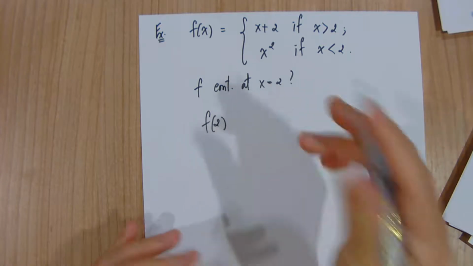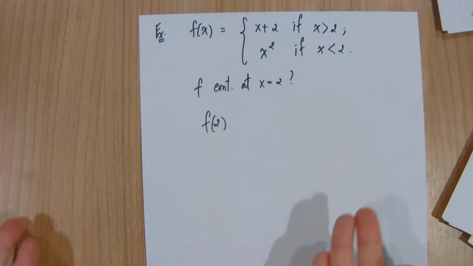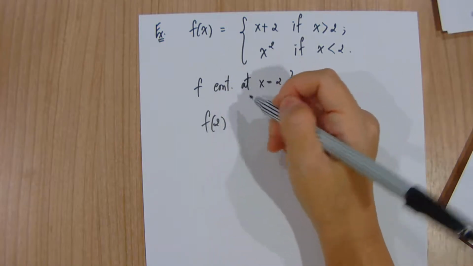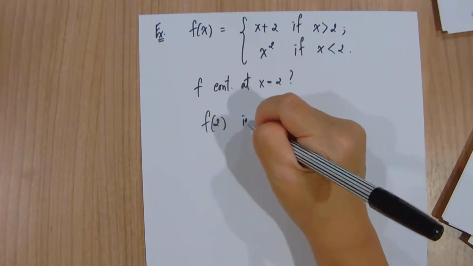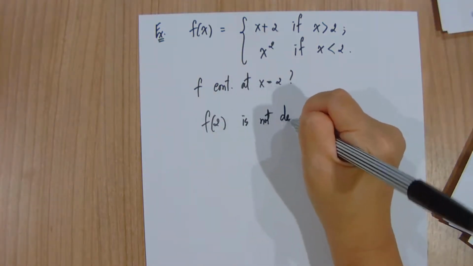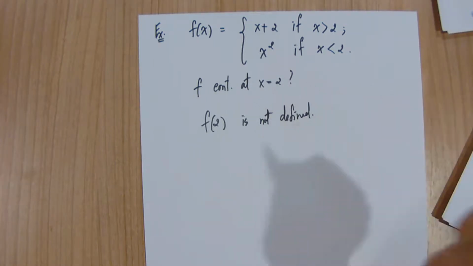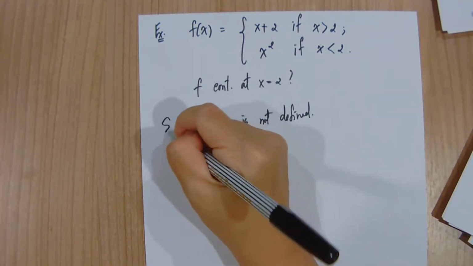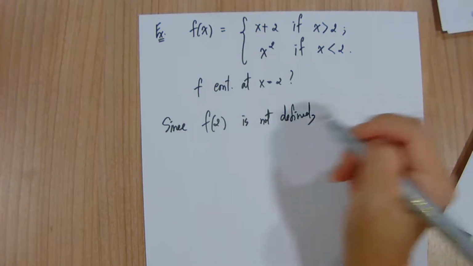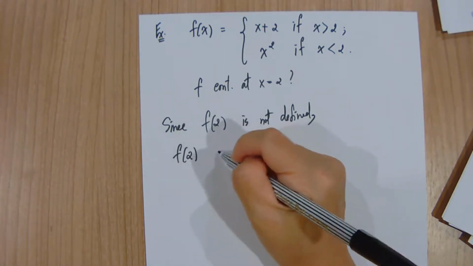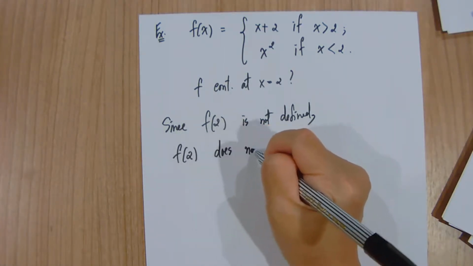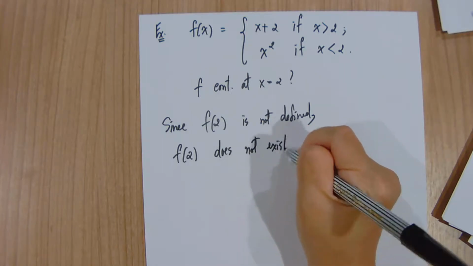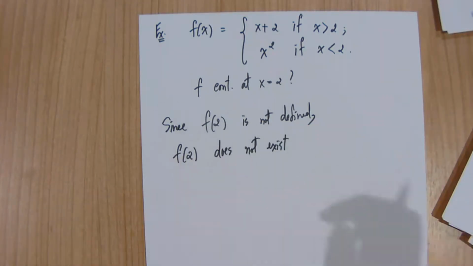So what is f of 2 in this problem? It's not defined. So we can see that f of 2 is not defined, so f of 2 does not exist. So no need to find the limit when one condition does not exist.